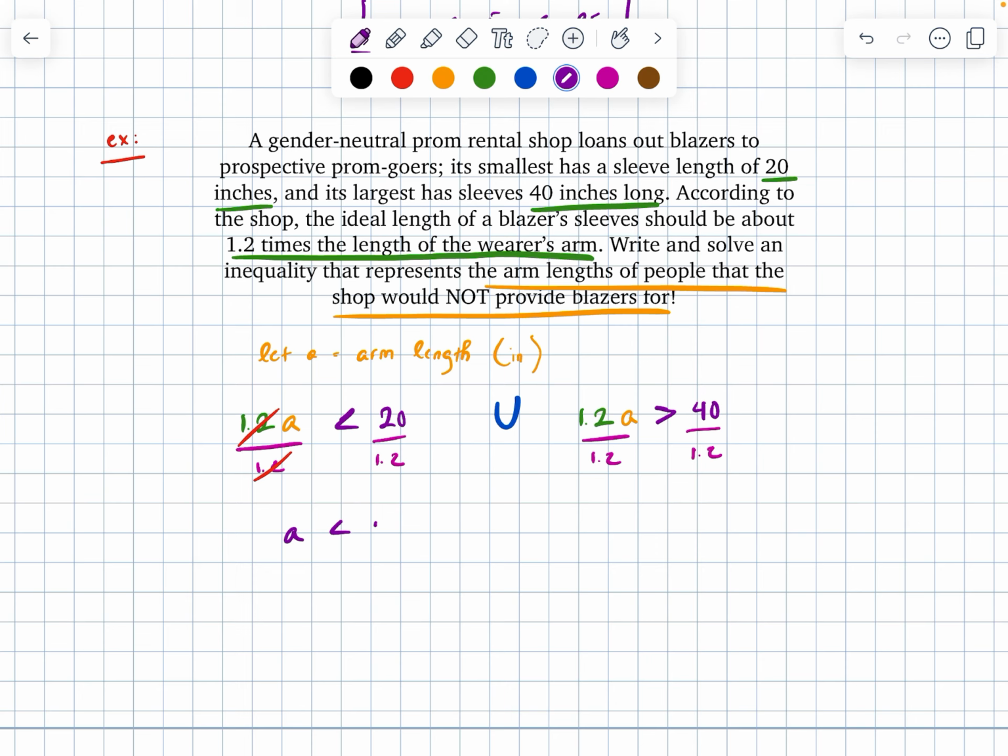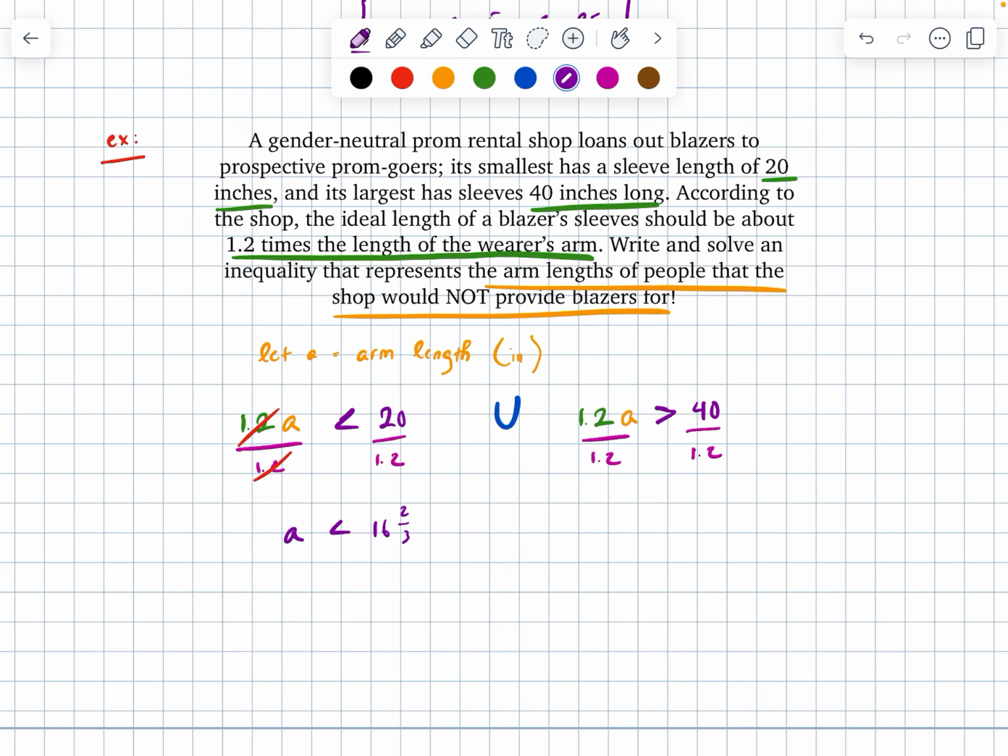I might choose to write 1.2 as a fraction instead. The way that I could write this, I could say 16 2/3 if I wanted to. I could say 16.6 repeating. If I really wanted to, I could write this as an improper fraction. So I do 3 times 16, which is 48, plus 2, which is 50/3.